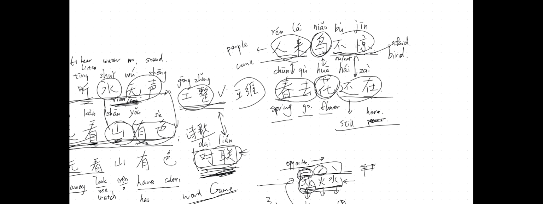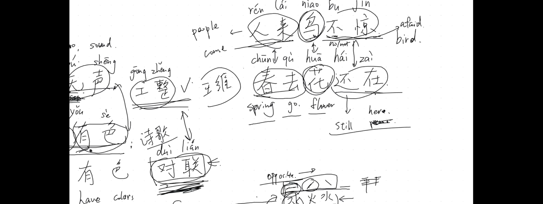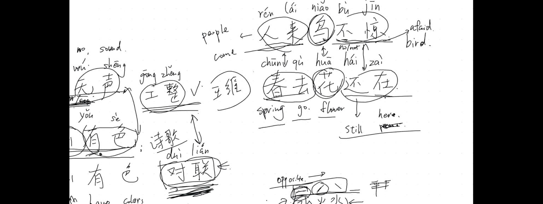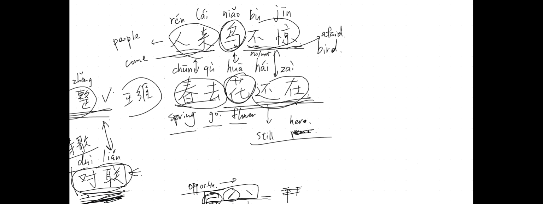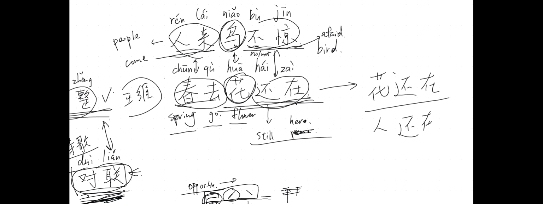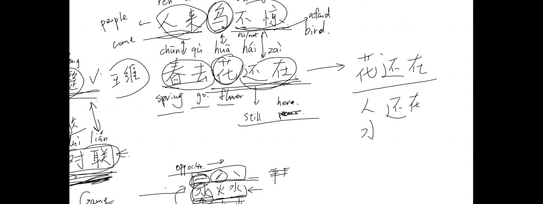Although they follow a different grammar system, you can see this. 花还在, we still use it in daily communications. Can you see me writing? Okay, 花还在. Something is still here. 人还在. 水还在. People are still here.